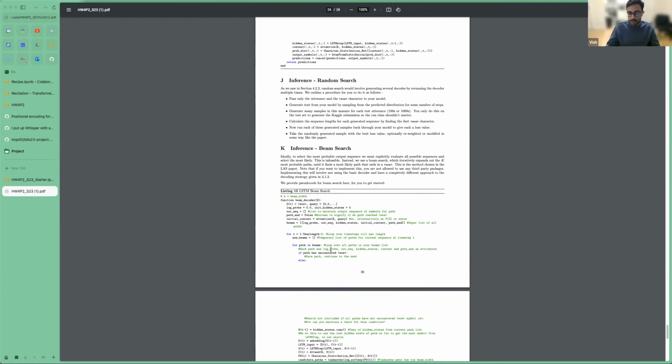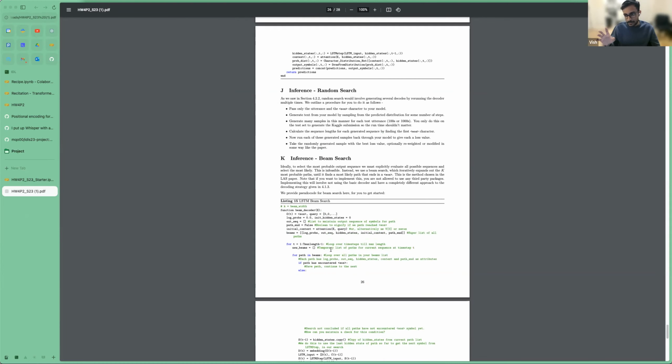Right. We don't recommend you implement beam search right away because it takes too much time, or it's more involved in the fact that you have to debug quite a few things. You might not get it right at the first step. You might be spending a lot of time. Instead, we recommend you implement greedy search. It's the most straightforward way to do things. Just take the argmax and find out what's the most likely token at each time step.